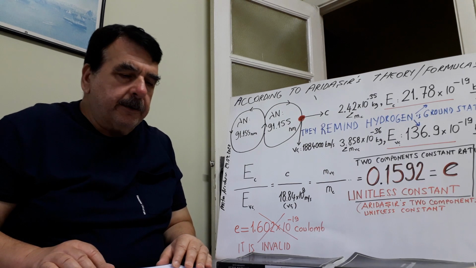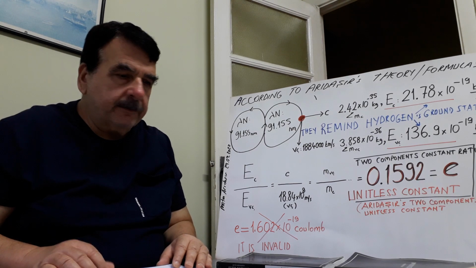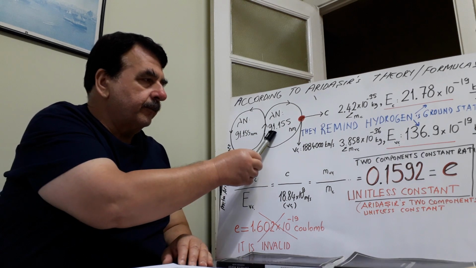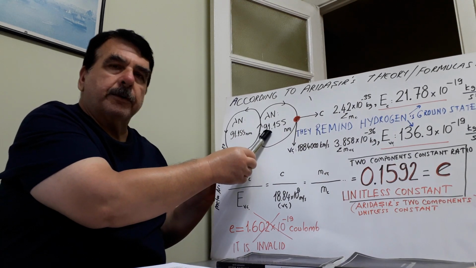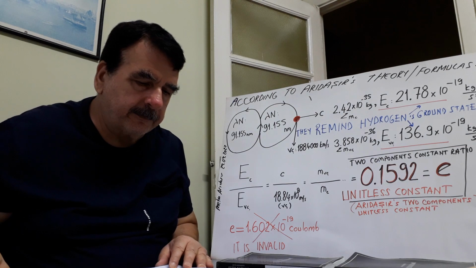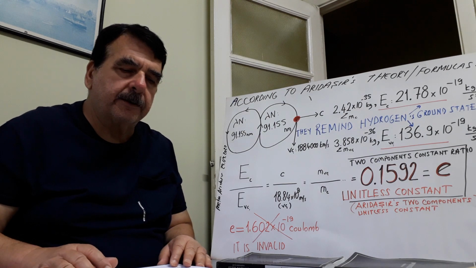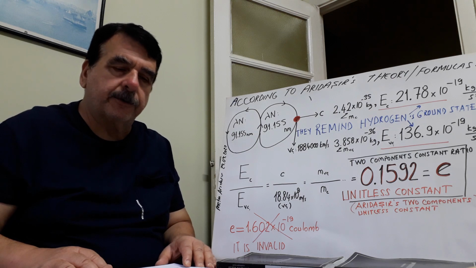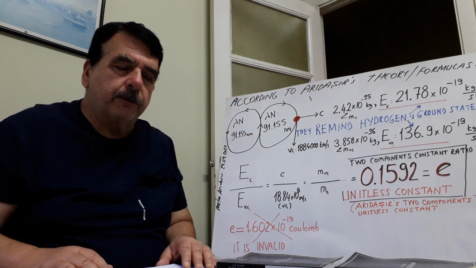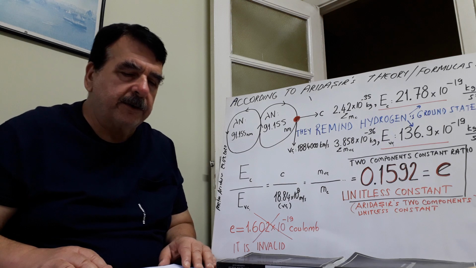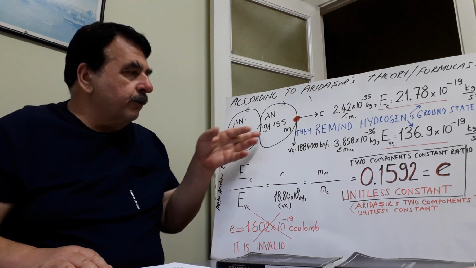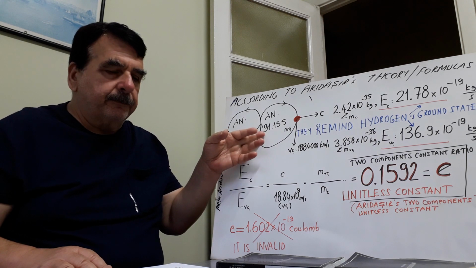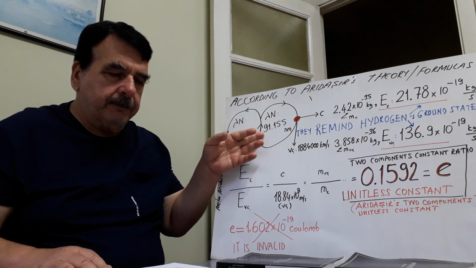In calculating these masses, I chose 91.155 nanometer as the wavelength of electron motion form.